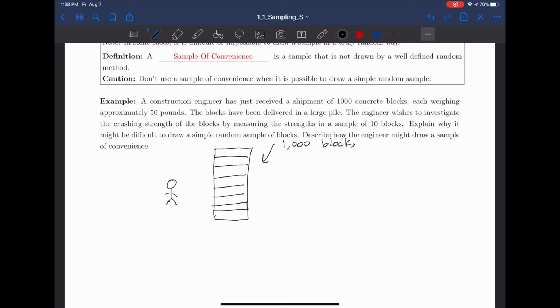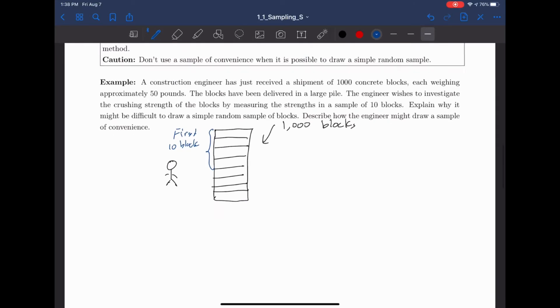So what people would do is just select the first 10 blocks on top and test those to see if they're defective or not. That could work because we're assuming that all the blocks are not that different from one another.